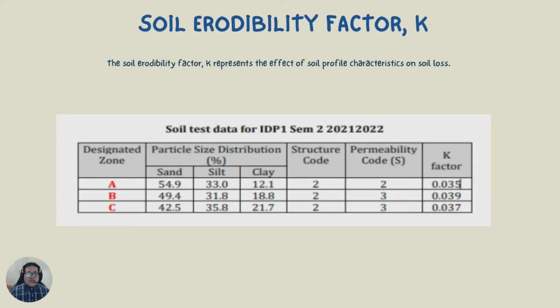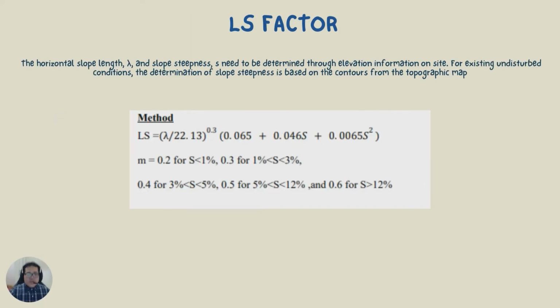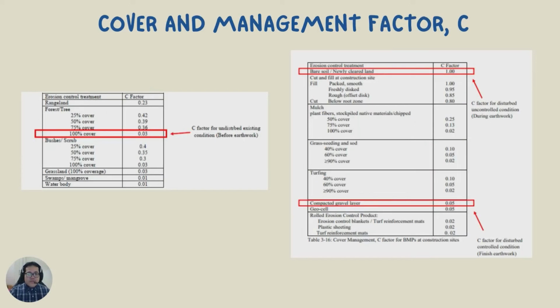So in this project, our respective Dr. Tirmizi has given us the soil erodibility factor K. For the LS factor, we use the calculation method. As you can see, this is the formula for the LS factor.